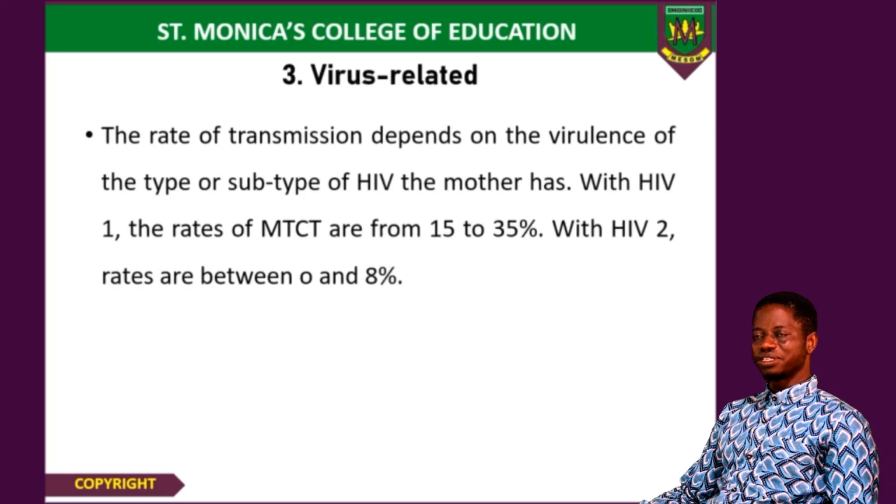And the last one is what we call virus-related. The rate of transmission depends on the virulence, that is the severity, of the type of HIV the mother has. With HIV type 1, the rate of mother-to-child transmission is from 15 to 35%. With HIV type 2, the rate is between 0 and 8%.